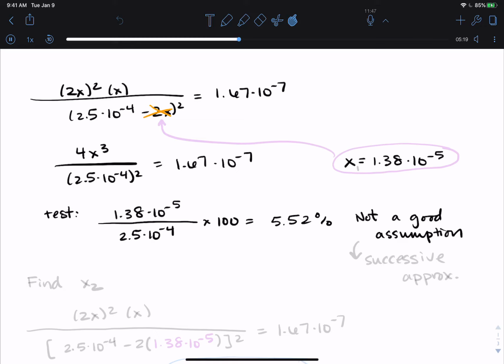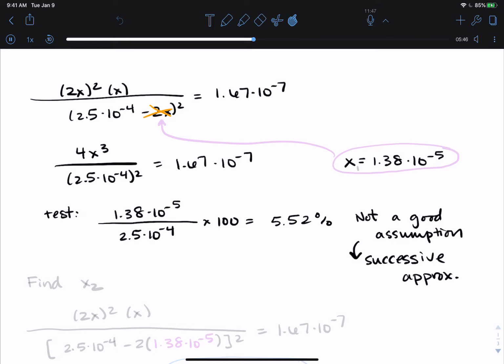So what we do here is something called successive approximations. 1.38 times 10 to the minus fifth is not close enough to the actual value of x, but it might be a good starting point approximation.